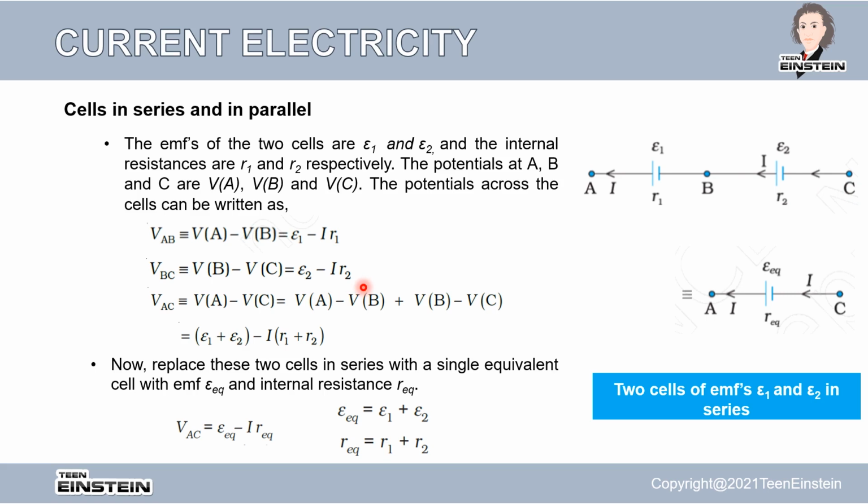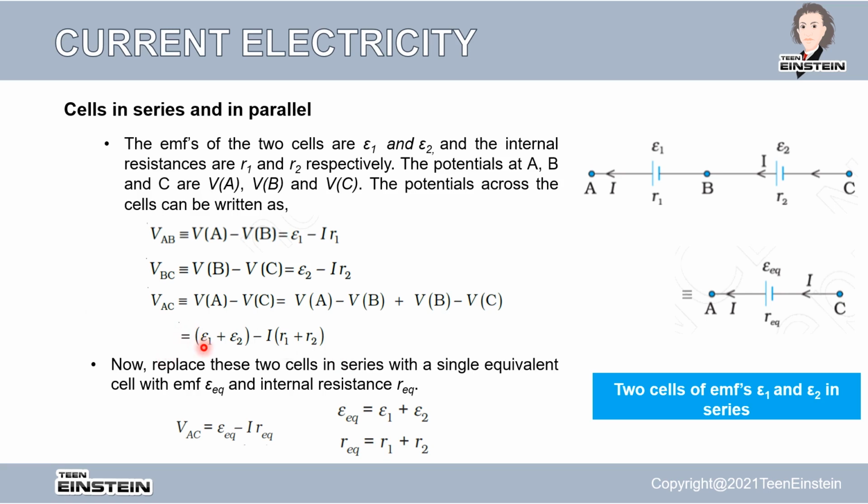Now if I want to find out what is V of AC, I have to do VA minus VC, right? So I can add plus or minus V of B here. If I add minus VB plus VB, then I get VA minus VB plus VB minus VC, which is nothing but these two equations. Then let's substitute these two equations here and take the terms with epsilon together and the terms with I together.